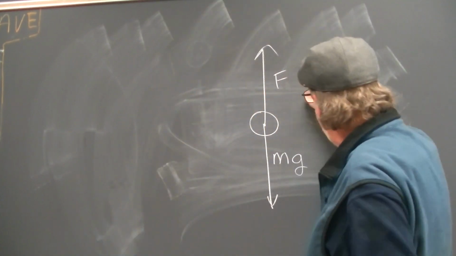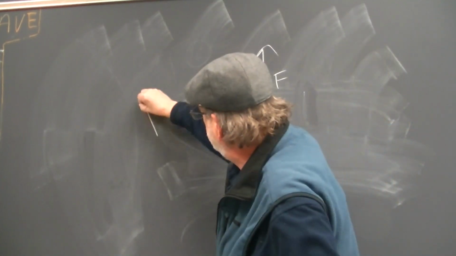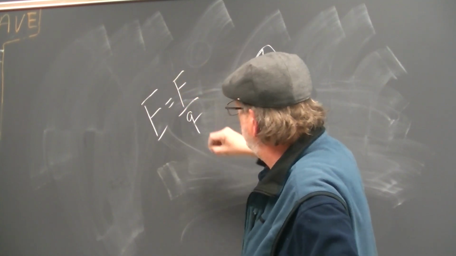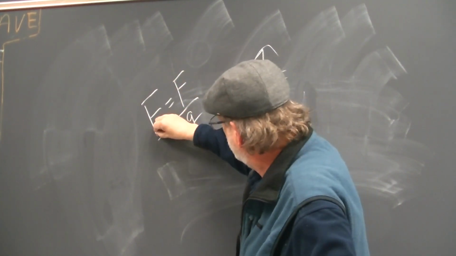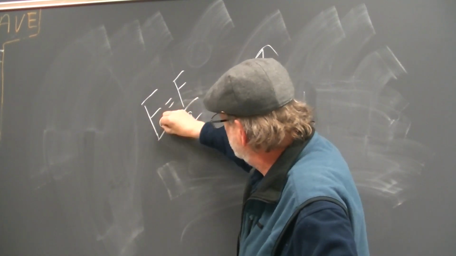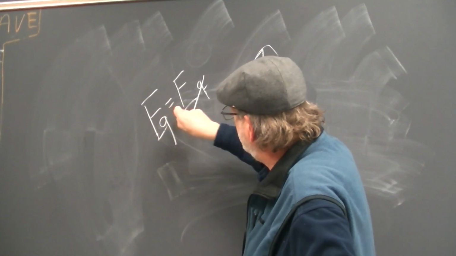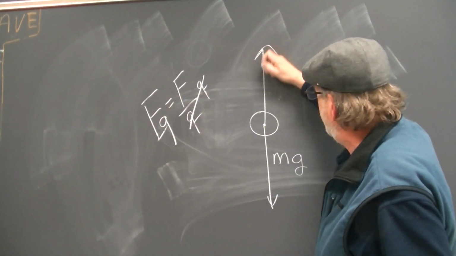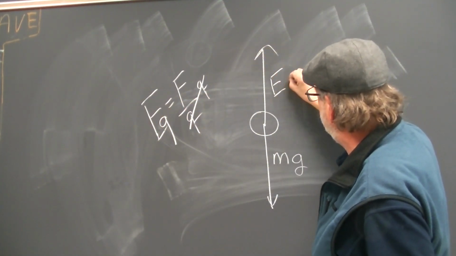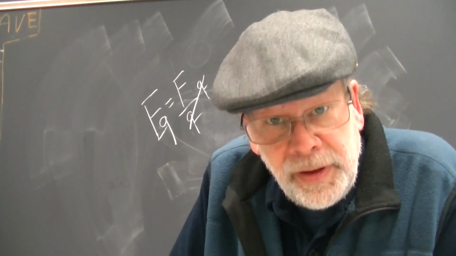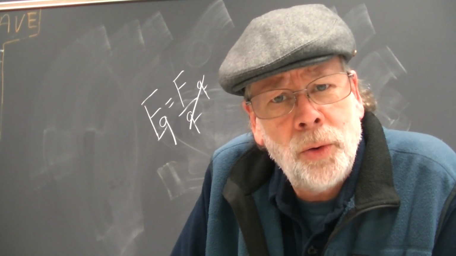If we remember the equation, E equals F over Q, force per charge, right? If we solve that for force, EQ equals F. So that F we turn into E times Q. Well, the electric field between the plates was known.